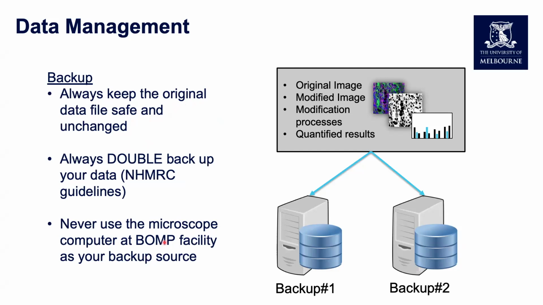Try and get that off that computer as quickly as possible, because there are lots of other people that have access to that computer as well. Here at the university, you should have access to either cloud compute or research servers which have this disaster recovery. So if there's a fire in the data center, the university has a second copy elsewhere of all of your data.